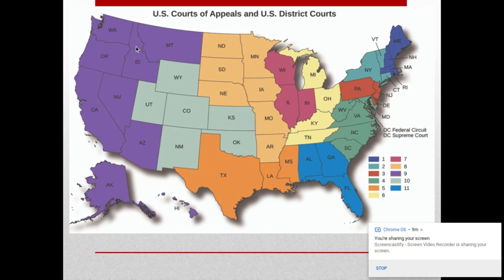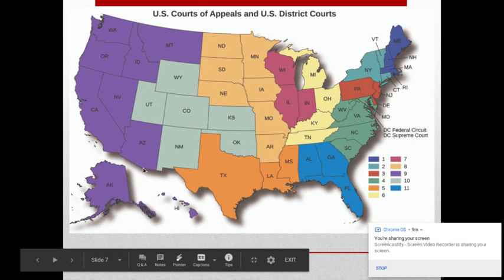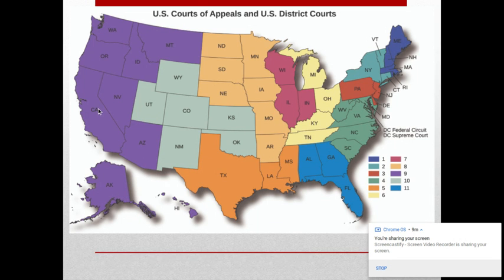There are 12 circuit courts and a U.S. Court of Appeals for the D.C. Circuit. We'll look at ours, for example, and you'll notice that the 9th Circuit is a really big district, which includes Alaska and Hawaii. It is one of the most active districts.